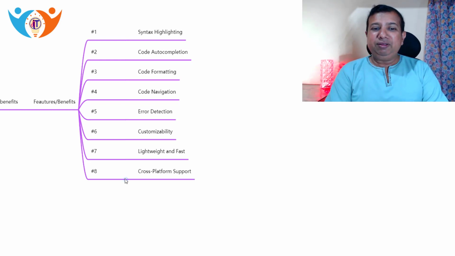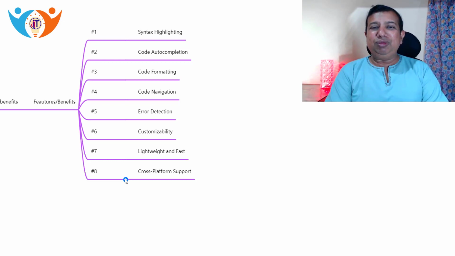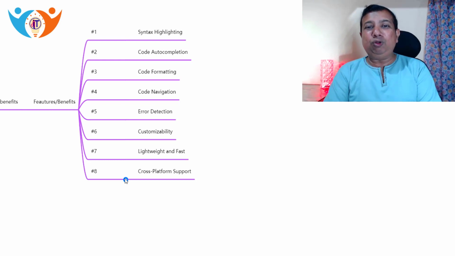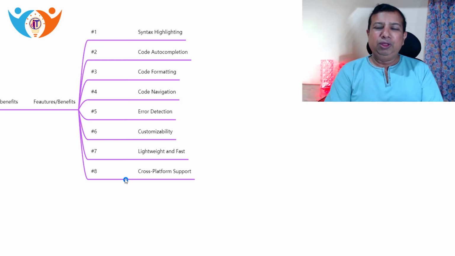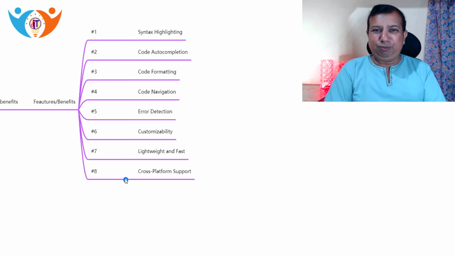Benefit number 8 is cross-platform support. Cross-platform support means we can use these code editors on different operating systems, different platforms, and even if we are migrating from one operating system to another, we don't need to change the entire development environment, but we can install the same code editor on different platforms.